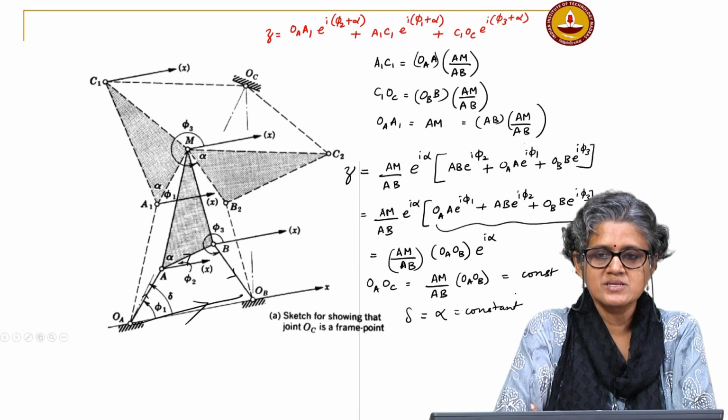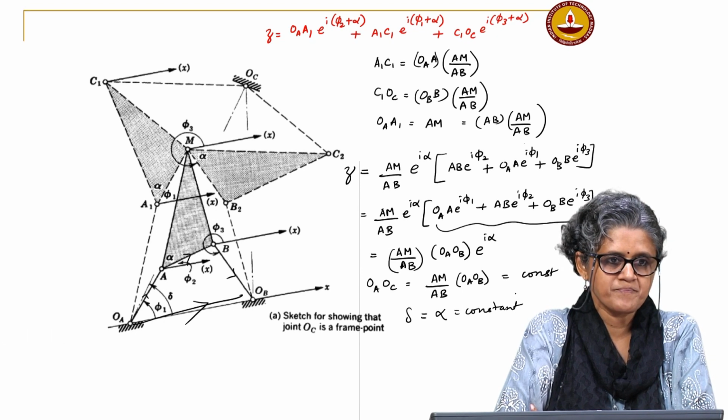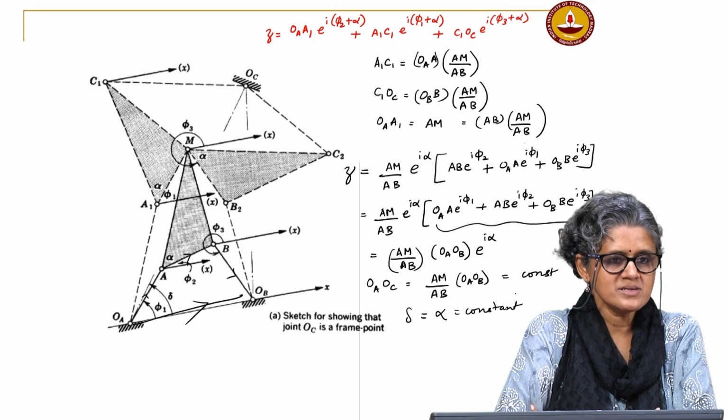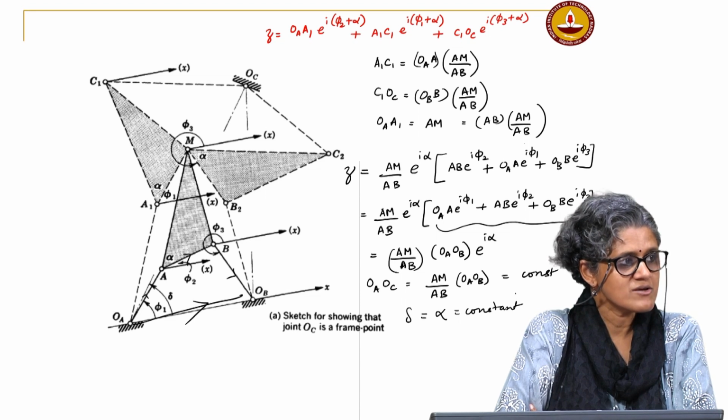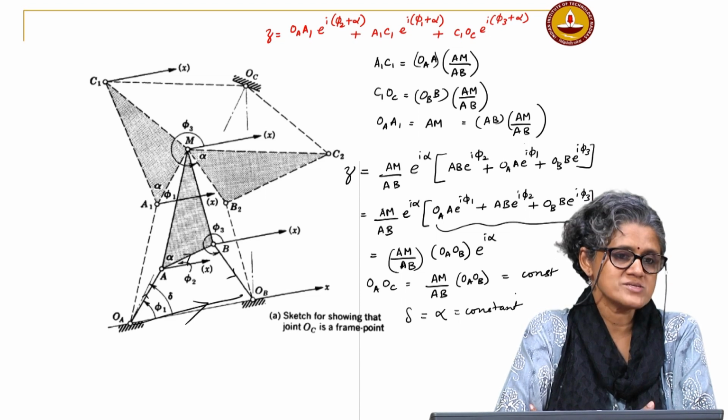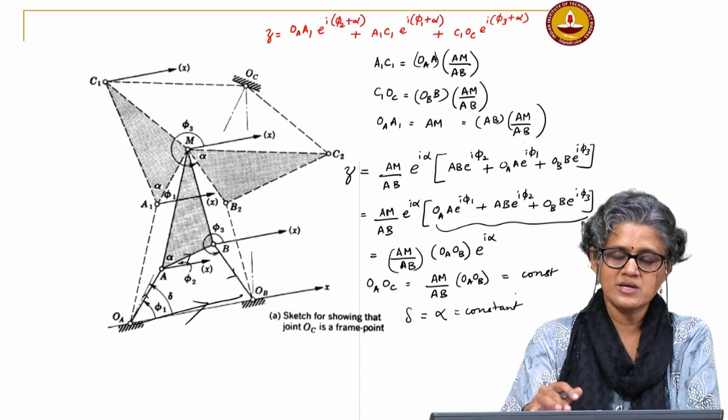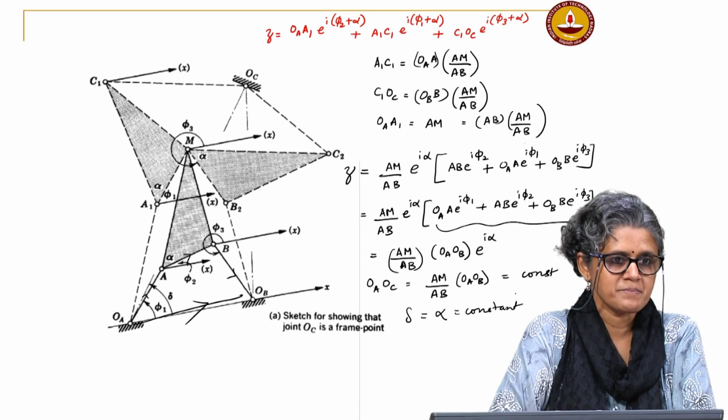So, that means that point OC can be taken as a point on the fixed link, because it remains stationary for this particular geometry.